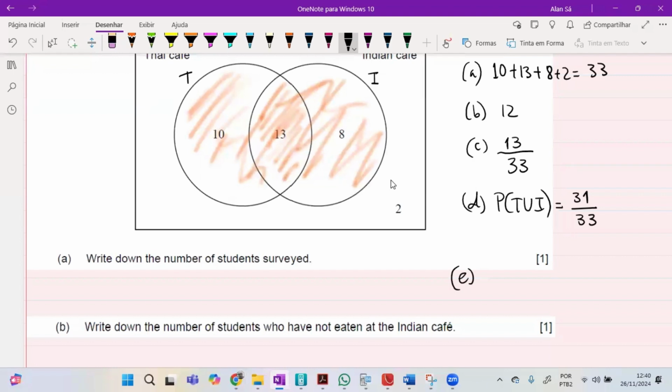So here the intersection is not 0, is not the empty set. Since the intersection is different from the empty set, we can say that T and I are not mutually exclusive events.